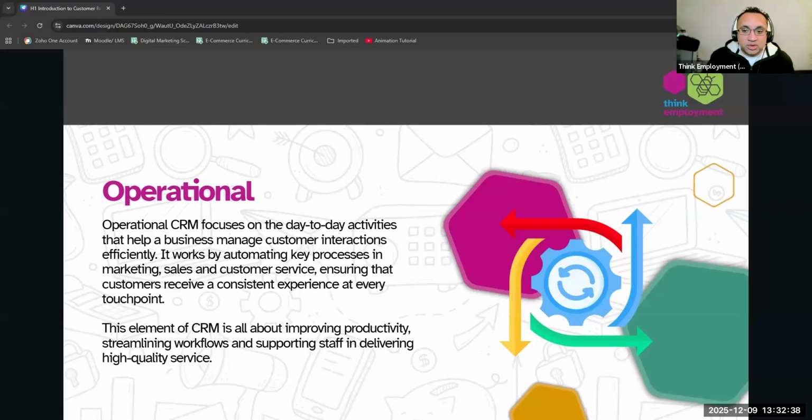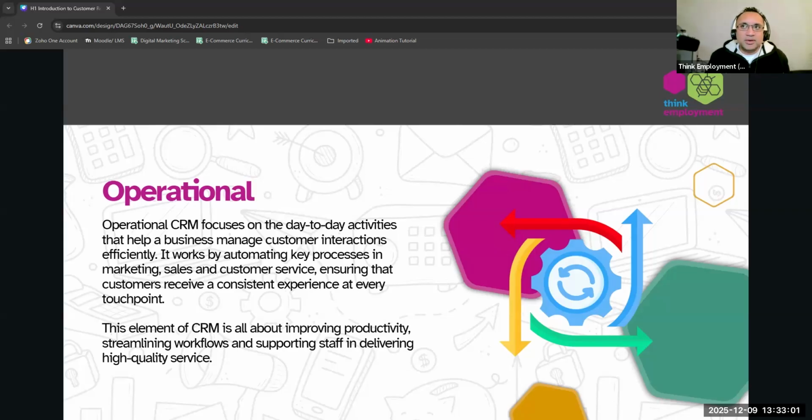Operational CRM goes beyond front-end interactions. With smart implementation, the system can also support back office processes by integrating other essential business tools such as payment systems, accounting platforms, stock inventory management, marketing automation, and more.